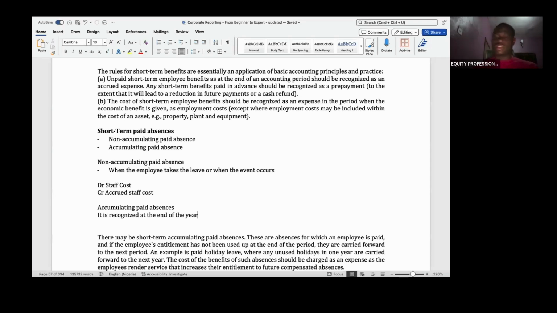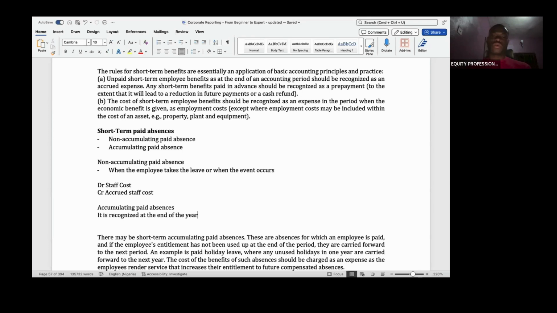The standard says that you should recognize the additional costs you will incur next year. So anytime they are talking about future, that means we only have to make estimates because there is no way we can know how much we'll pay in future. We would estimate the additional cost we will incur.